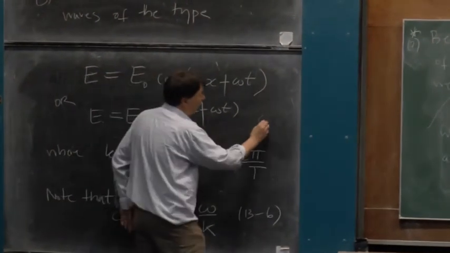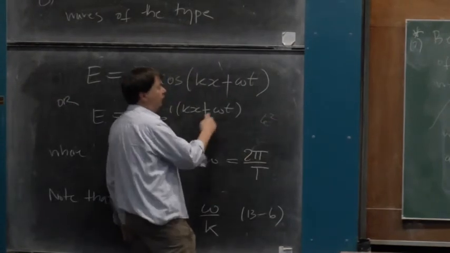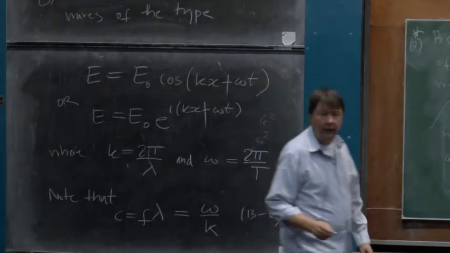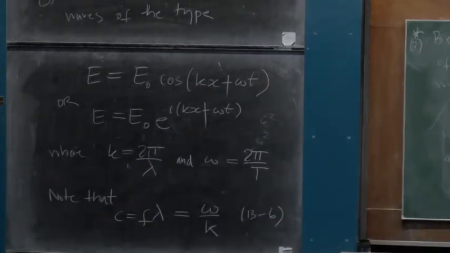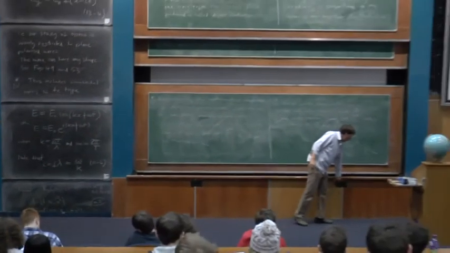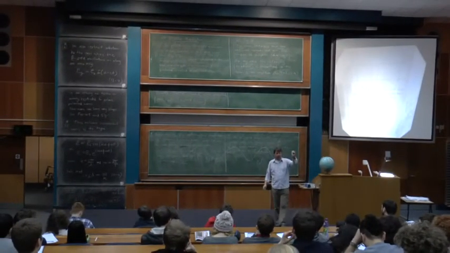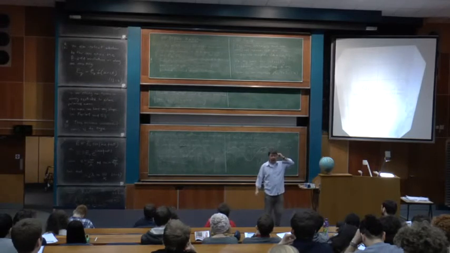I bring down my k² from the two spatial differentiations, I bring down my ω², and it solves the wave equation. In other words, if I kick a sheet of charge, there it goes, then there's also a wave that goes backwards towards minus x, behind the blackboard.